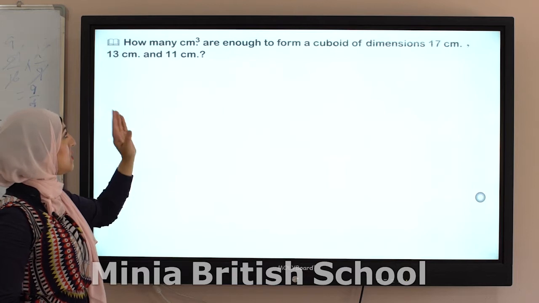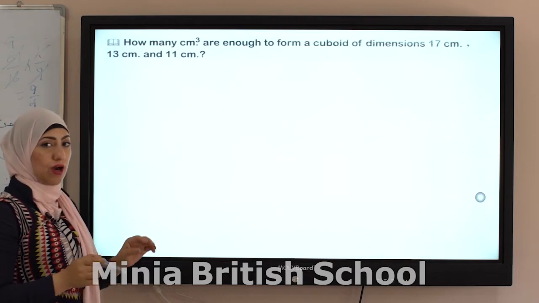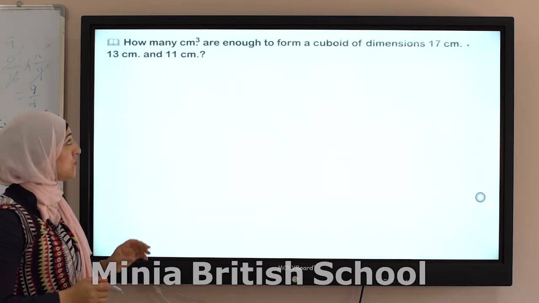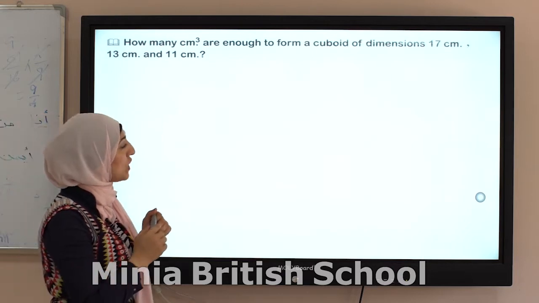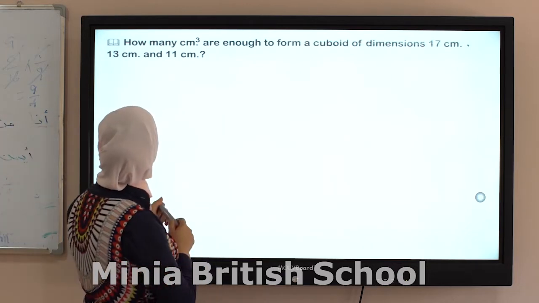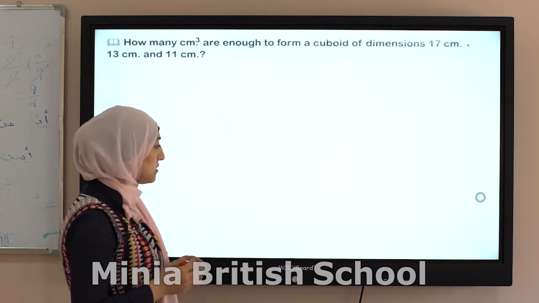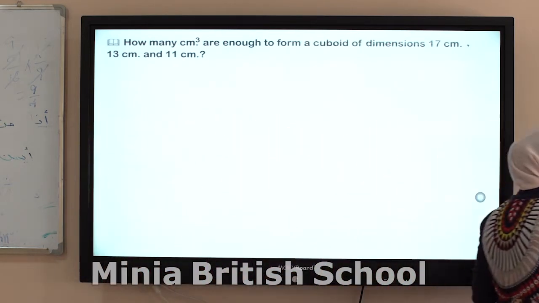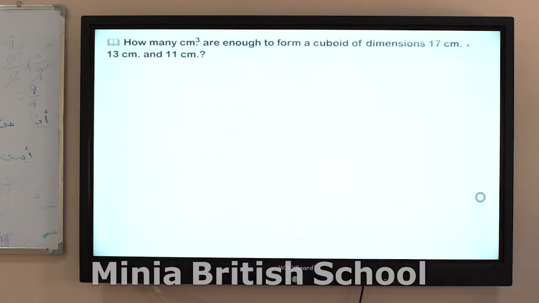How many cubic centimeters are enough to form a cuboid of dimensions 17 centimeters, 13 centimeters, and 11 centimeters? I'll use my calculator here.